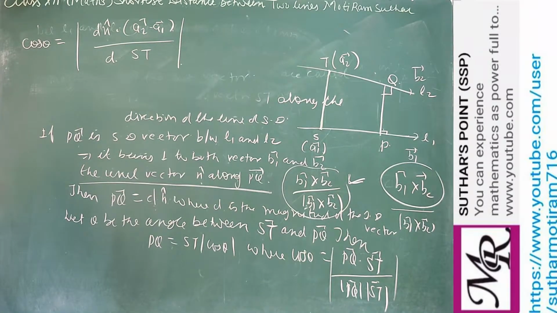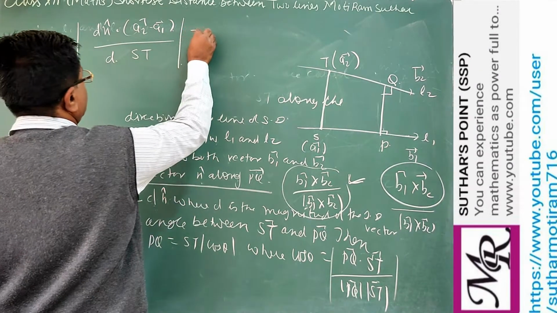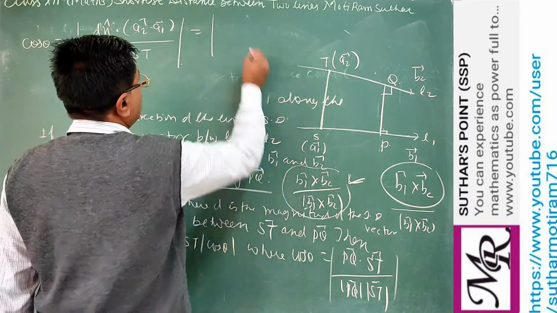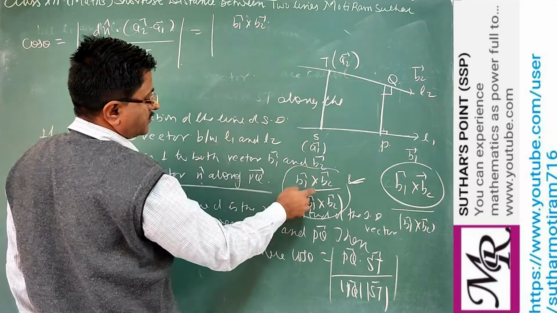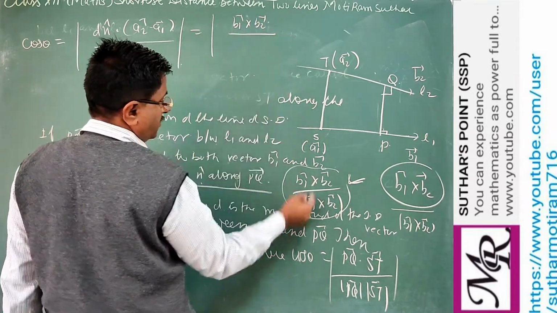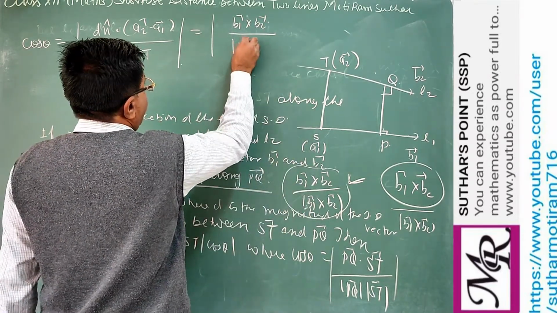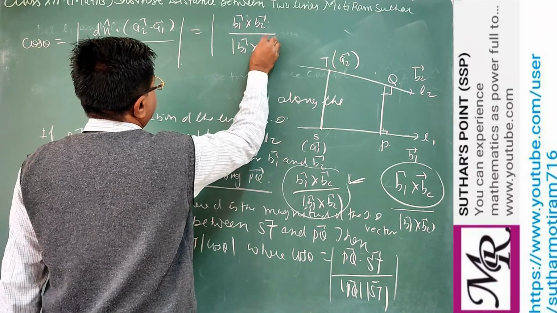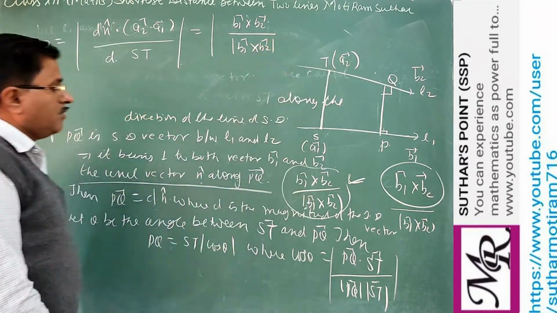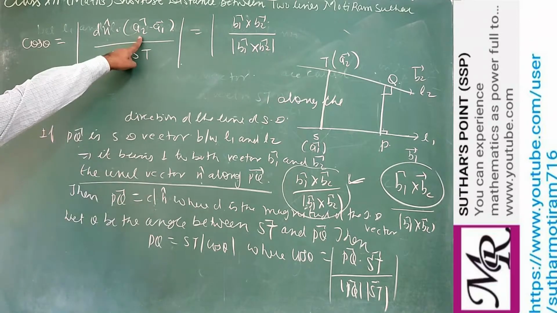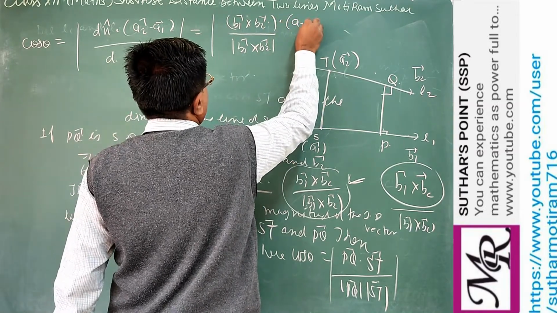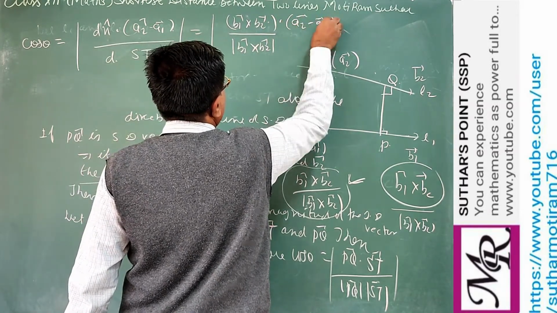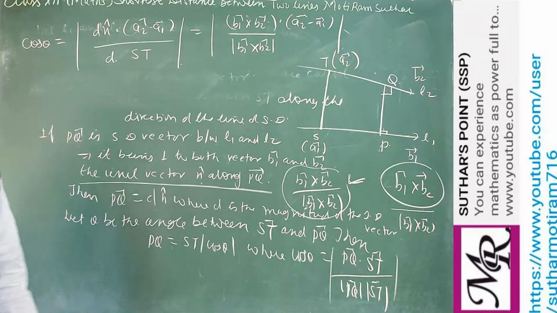So we write this formula, B1 cross B2 upon mod of B1 cross B2. This is the value of n cap, into dot product A2 minus A1, its modulus.